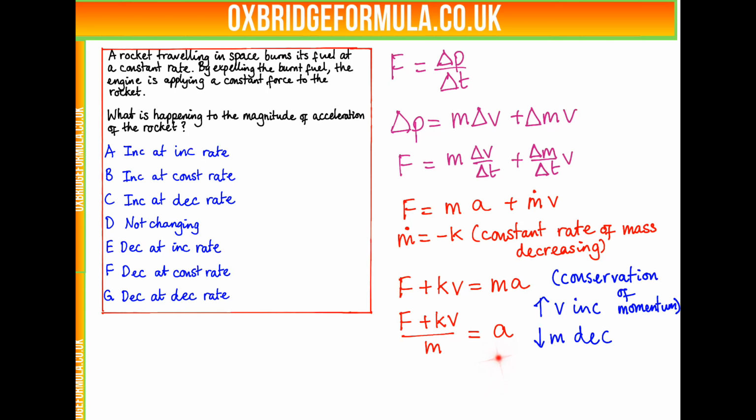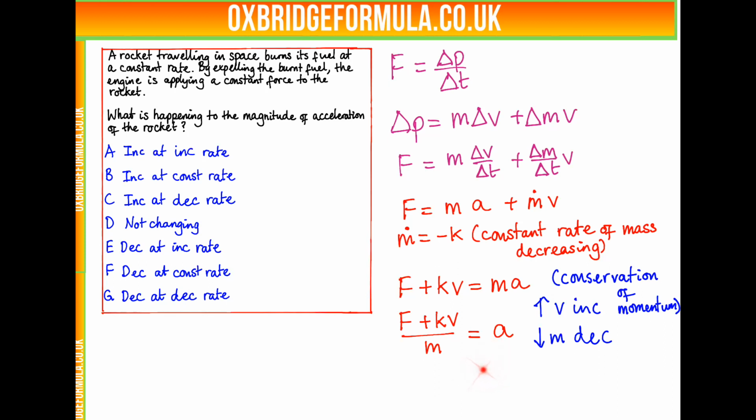One way we could picture this intuitively is that if we just had F plus kv, then the acceleration would be a straight line going through F, or minus F, with a gradient of k in this case. So we could imagine it as a straight line.